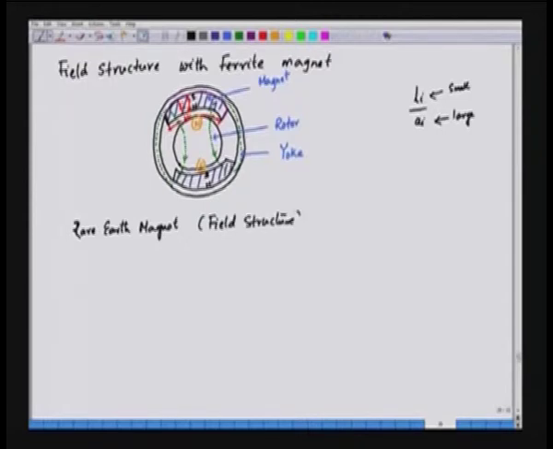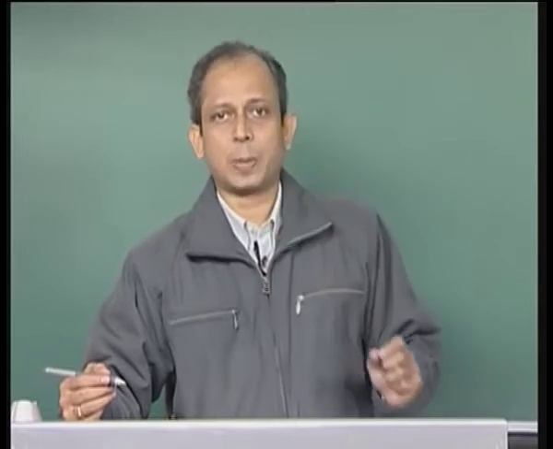We have a large residual flux and also a large coercive force. So, these magnets are expensive and they are used for those applications where we need a very compact motor.